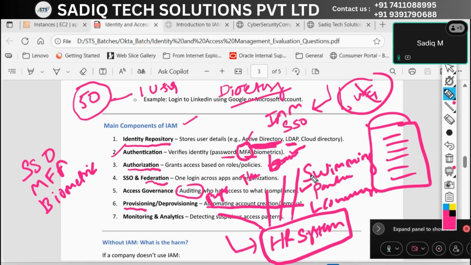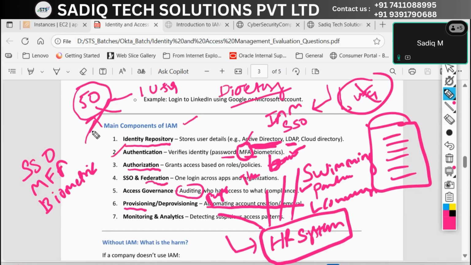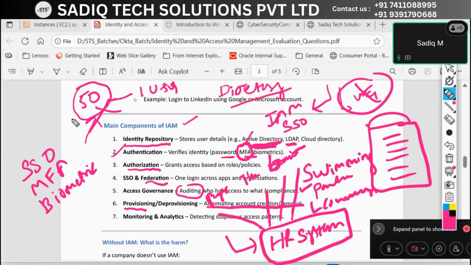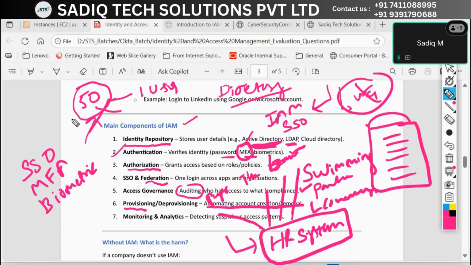HR or an admin should not go and remove the user from all these 50 applications. Because suppose the admin by mistake, unintentionally, delayed the removal, after he left the organization he can do anything with the payroll data or company confidential information, right? That is also a security threat for the organization, and they don't want that to happen.